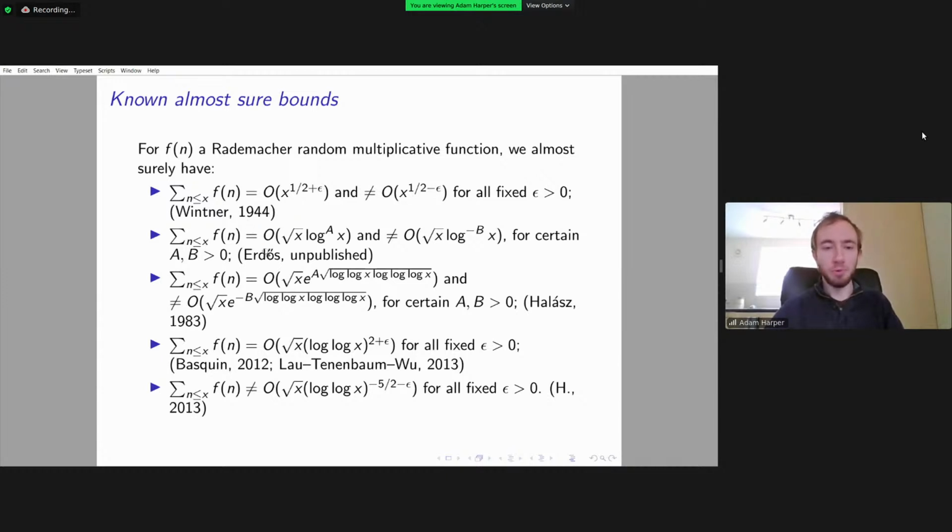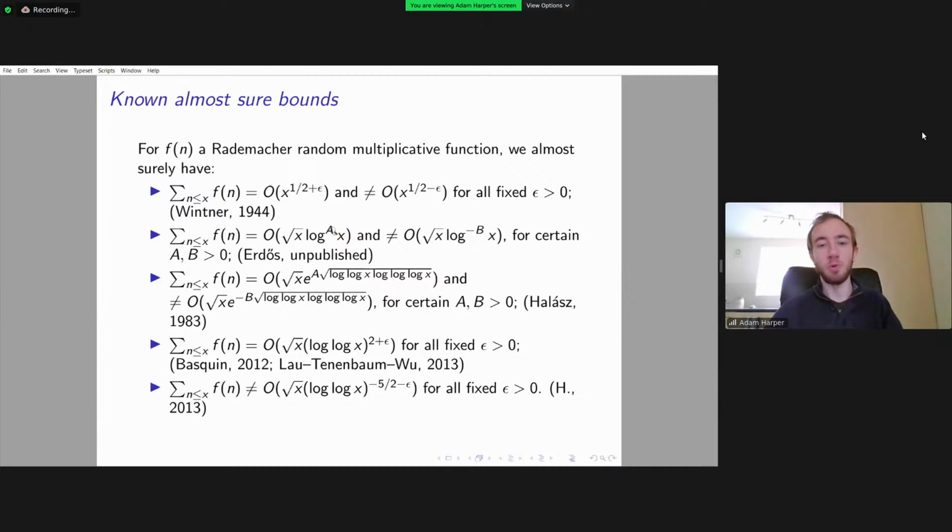And then this was improved in some unpublished work of Erdős. He proved that the partial sums are big O of root x times some power of log, and they're not big O of root x divided by some power of log, almost surely. And this was improved again in a very nice paper of Halász in the 80s. This is a bit difficult maybe to parse if you haven't seen this before, but basically root x times a power of log is root x times e to some constant times log log x.